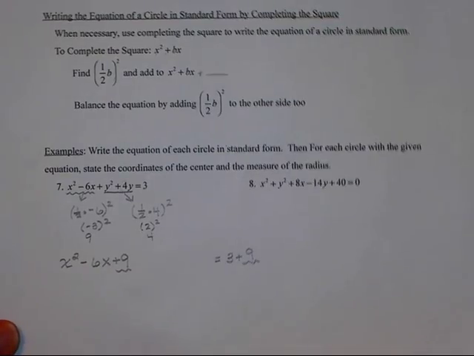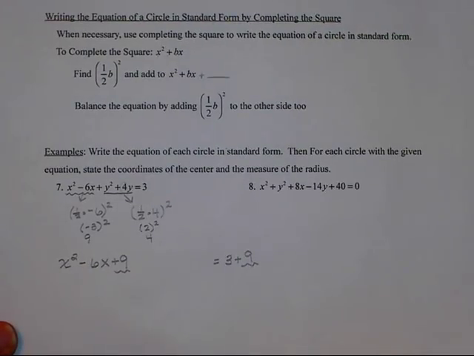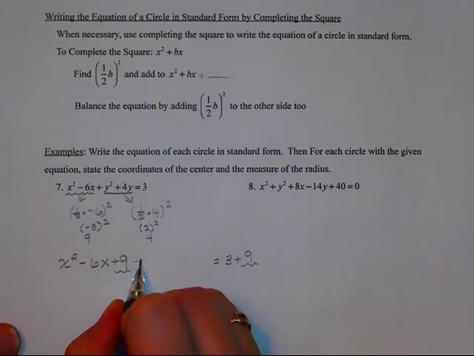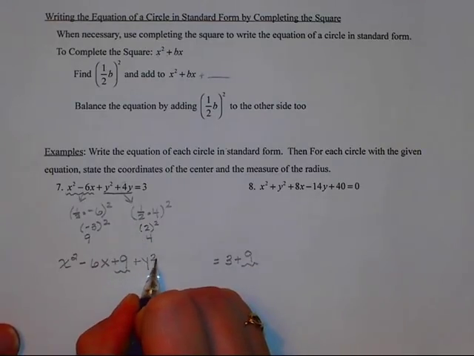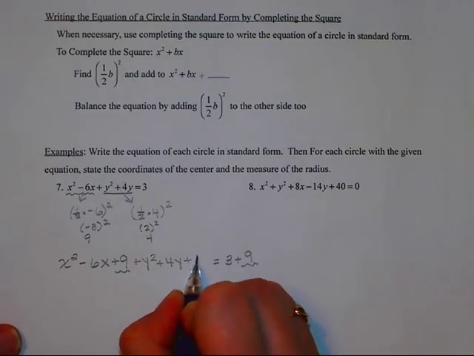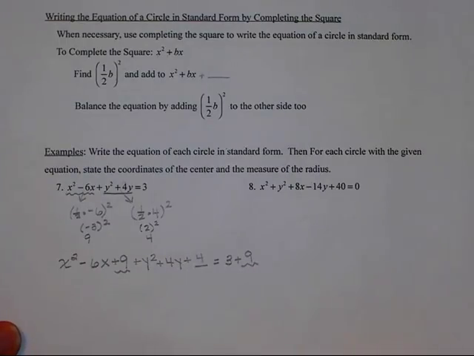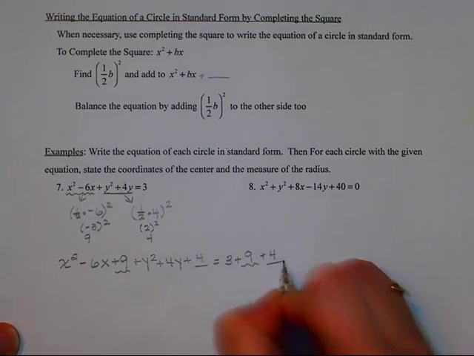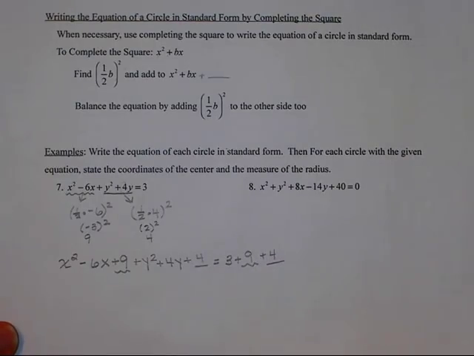That's the number we add to make it a perfect square trinomial. So now if I take the y portion of our equation, y squared plus 4y, we're now going to add 4 to complete the square, which means we have to add 4 to the right side of the equation to keep it balanced.